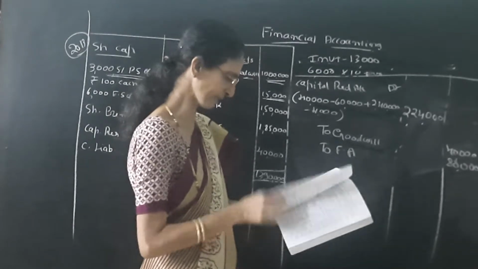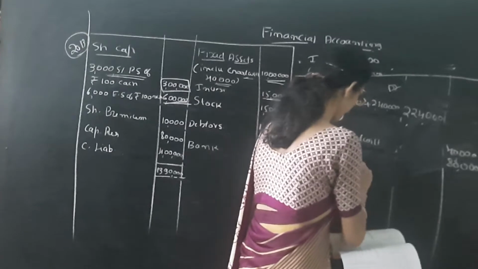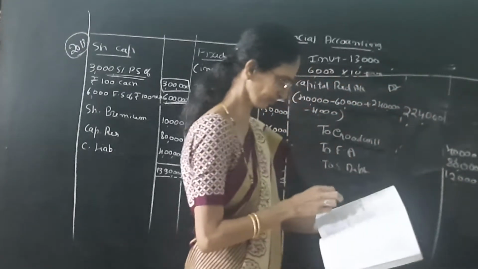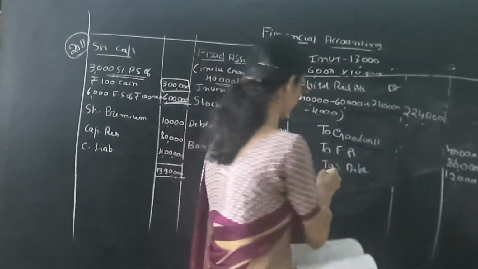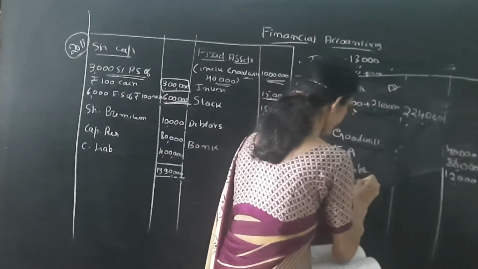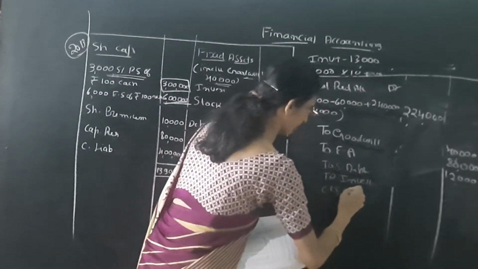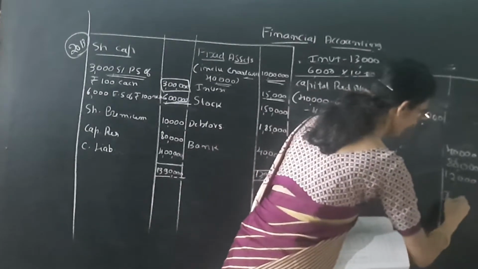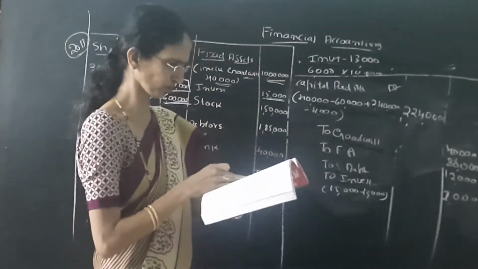Then debtors 12,000, to sundry debtors 12,000. Then investments, to investment. It is reduced to 13,000. That means 15,000 minus 13,000, that is 2,000 reduced.